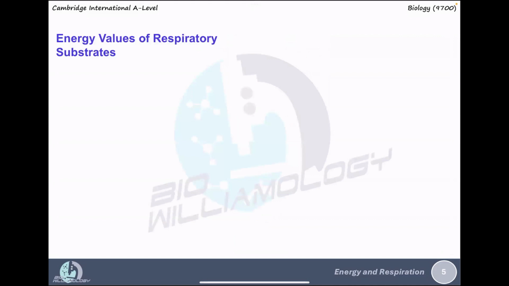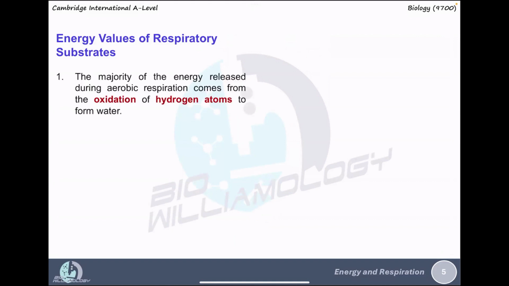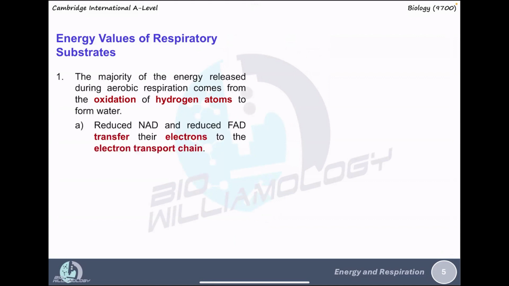Let us look at the energy value of each type of respiratory substrate. The majority of energy released during aerobic respiration comes from the oxidation of hydrogen atoms to form water. Reduced NAD and reduced FAD transfer their electrons to the electron transport chain.